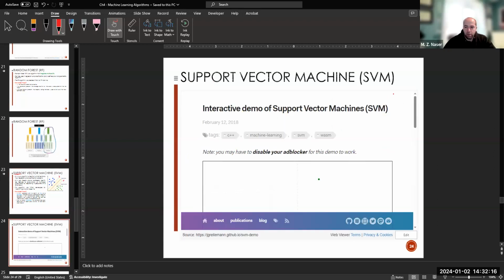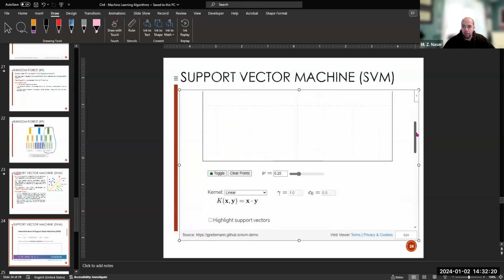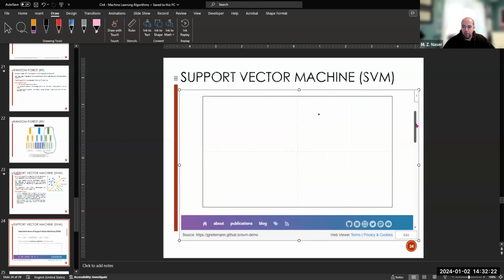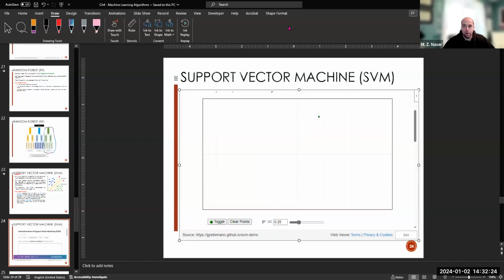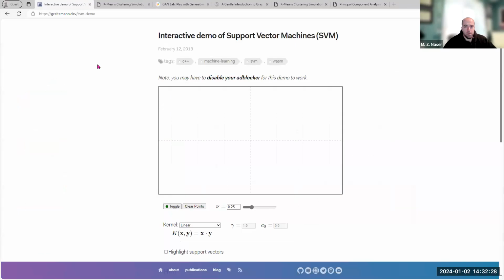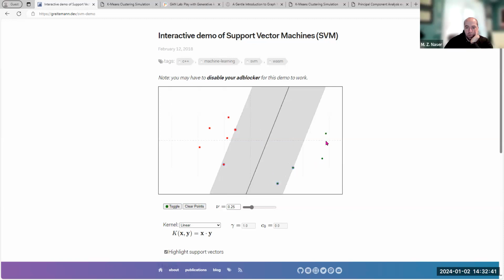We have this here too, but I feel this is a little bit small, so let's go back to my browser. So highlight support vectors. Let's see what we have here. We have a few here, and then we have a few there.